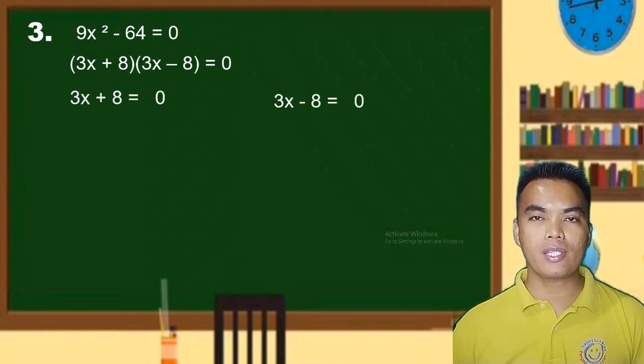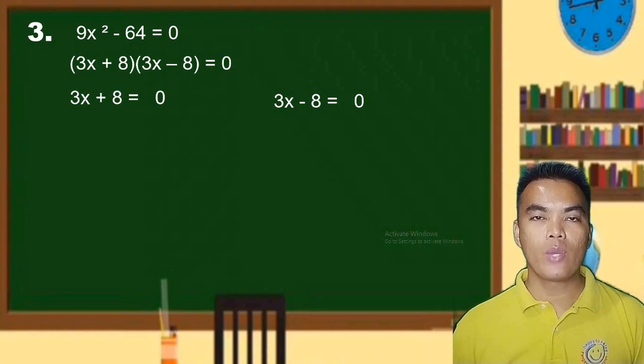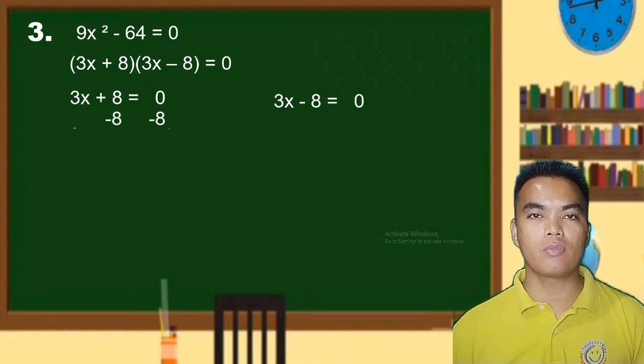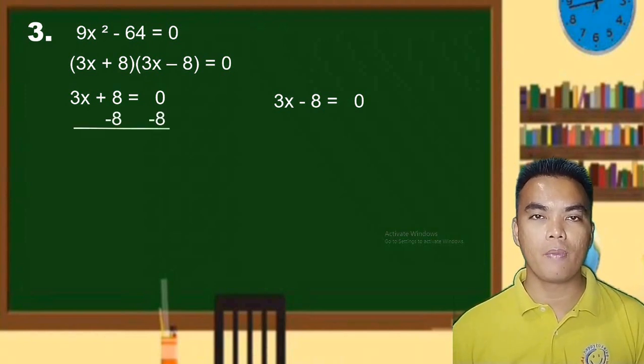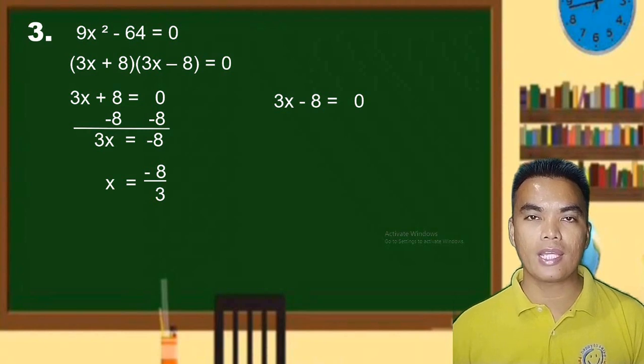We have 3x plus 8 equals 0 and 3x minus 8 equals 0. From the first equation, we can subtract 8 from both sides of the equation to get the value of x. So we have 3x equal to negative 8 and divide both sides by 3. We have x equal to negative 8 over 3, and that is the first solution of the quadratic equation.